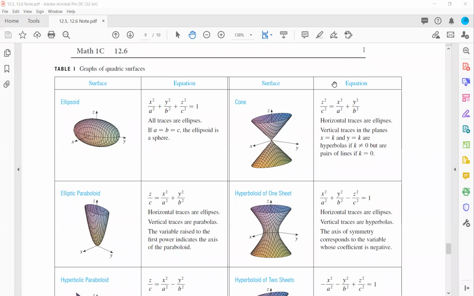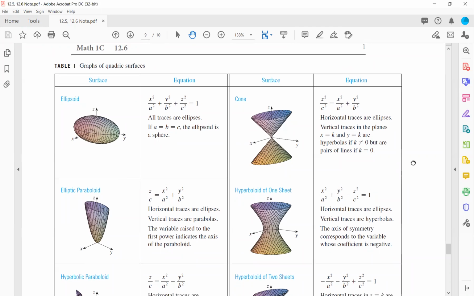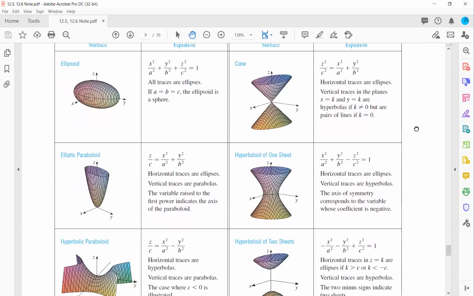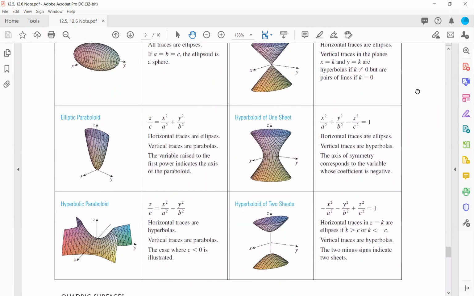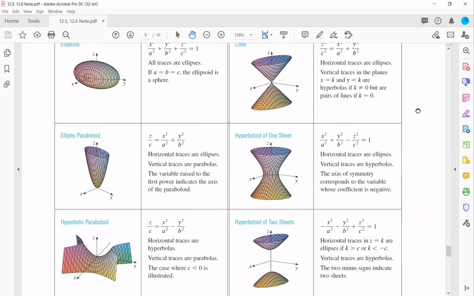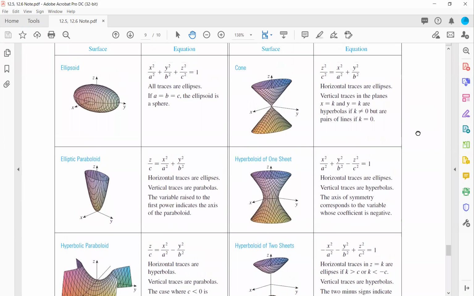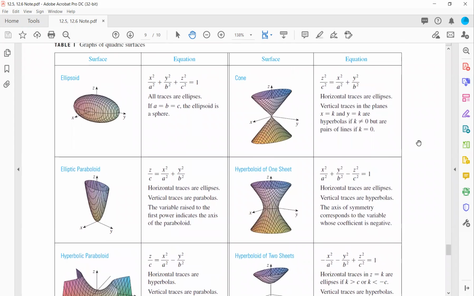So far we talked about the lines, we talked about planes, but we have some surfaces in the space. Some of them are very popular and they follow formulas. For example, when you have a surface like this, the name of that surface is an ellipsoid.